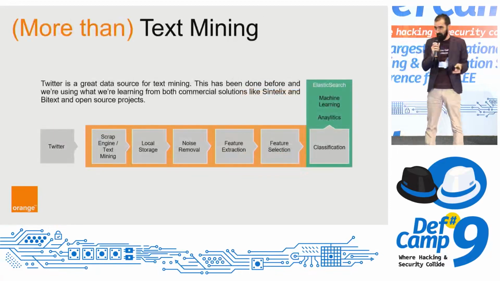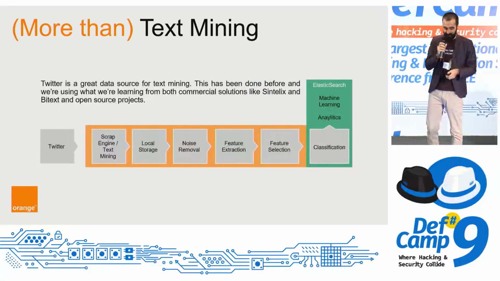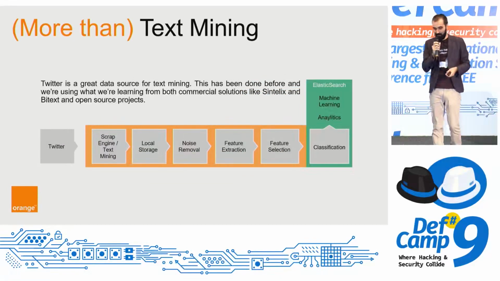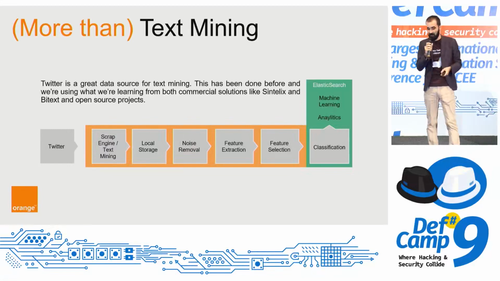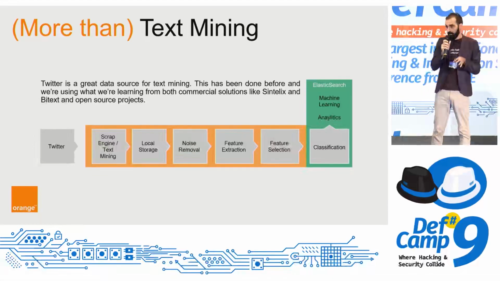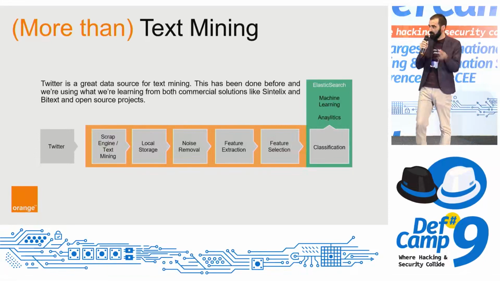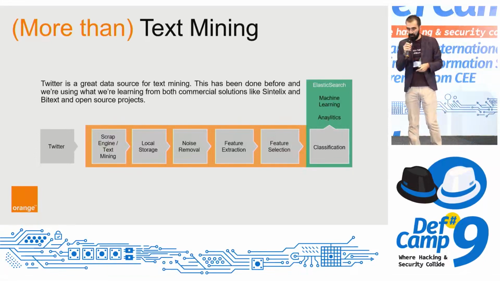We are, of course, relying on text mining. This is not new. This has been done before. And you have great commercial solutions like Syntelix and Btext that are doing it for sentiment analysis. We are trying to read tweets and interpret them in the context that they've been written.